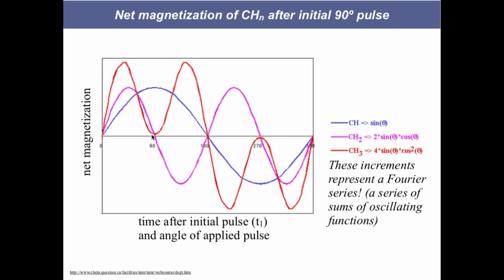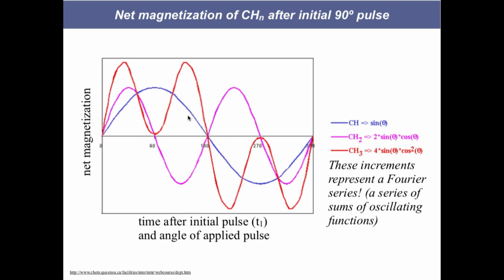But if we look at this period of time, we'll see magnetization for CH3s in red, for CH2s in pink, and for the CHs in blue. So they're all magnetized at, say, 45-degree angles after this amount of time. Only CH is magnetized at a 90-degree angle at this amount of time.